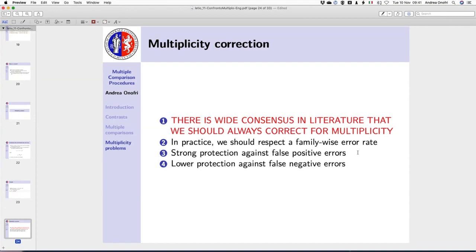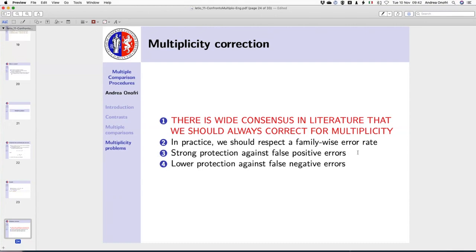Please remember the Popperian principle we spoke about at the beginning of the course. The Popperian principle says that with experiments, we can only reject hypotheses. We cannot organize experiments to accept hypotheses because we have no way to demonstrate that a hypothesis is true, because a future observation might lead to rejection.